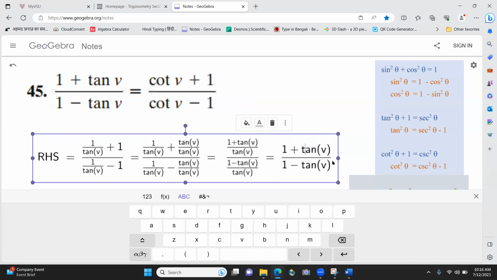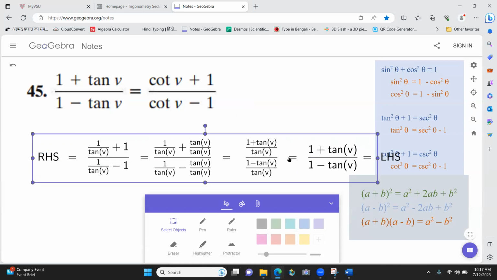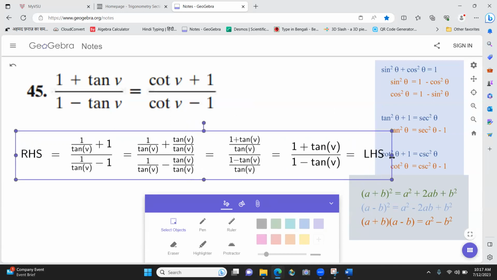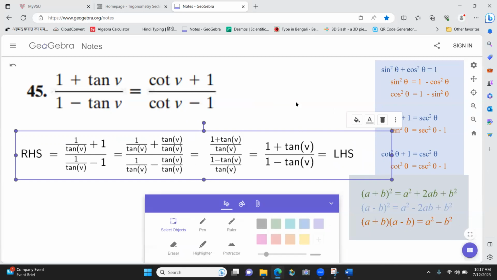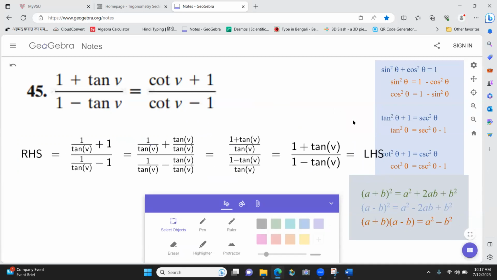Done. And that is my left-hand side. I proved it. You could have started with the left-hand side. You would just have to convert everything to cotangent by using the reciprocal. Take a look. Tell me what you think.